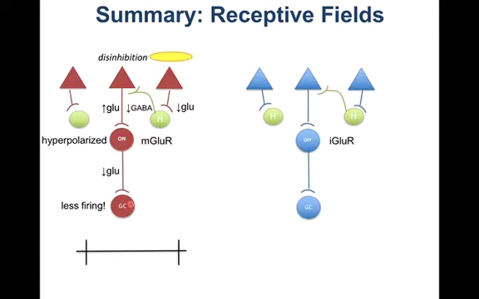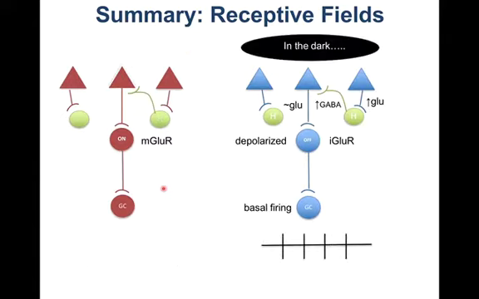Okay, so make sure you're clear for an on-center, off-surround system, what's happening in the dark, what's happening when you shine light on the center, and what's happening when you shine light on the surround. We can do the same exercise moving over to the right side of the slide, looking at an off-center, on-surround. You know that it's an off-center system because at the center you have an off-bipolar cell expressing iGluRs.